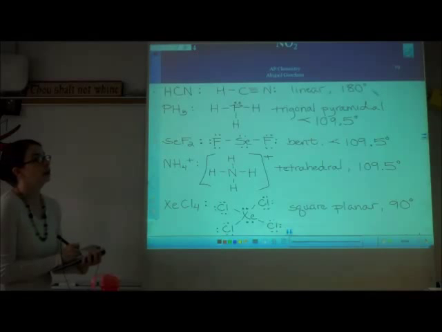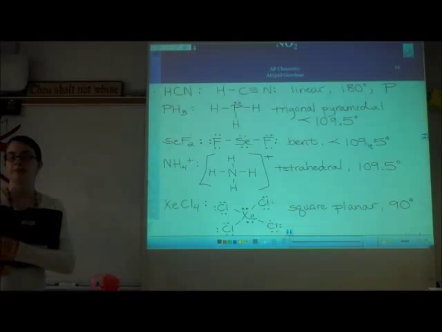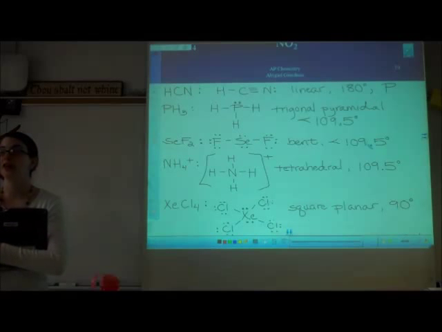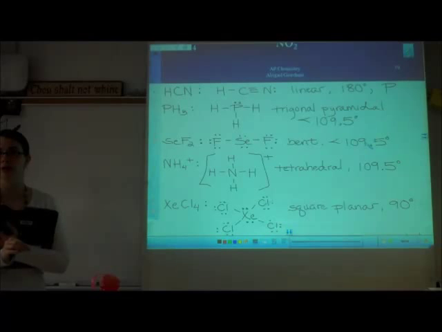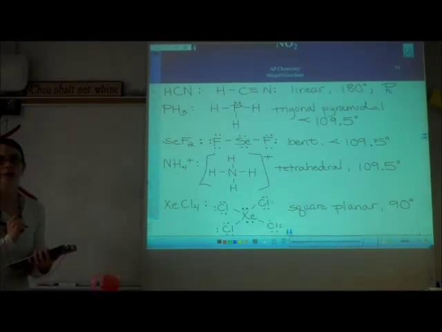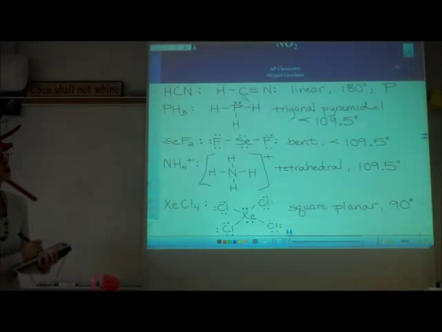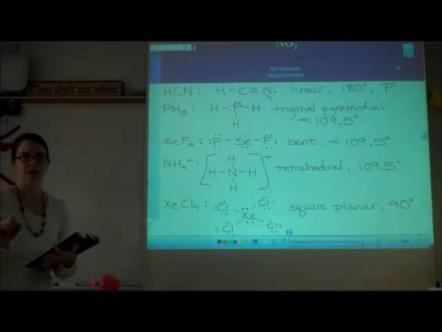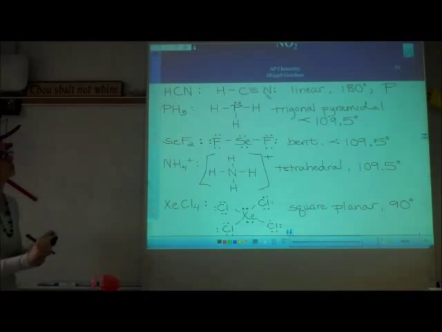It is polar. Okay, now let me say something. Shapes that are linear very often are non-polar. But why is this one polar? The central atom is joined to 2 different elements. So that one is polar.